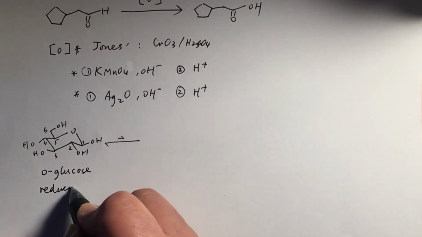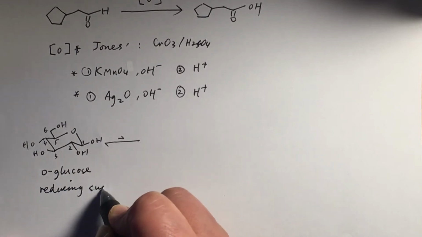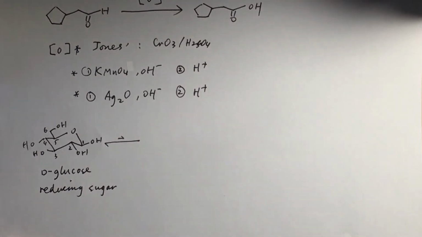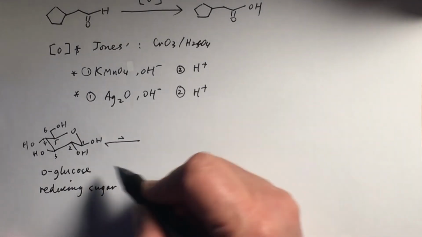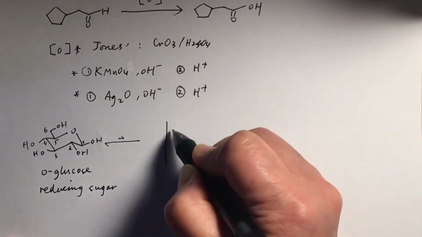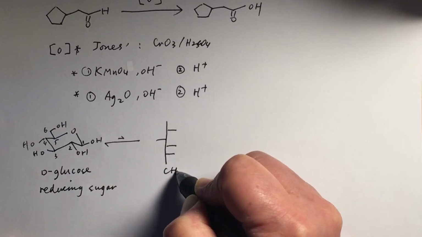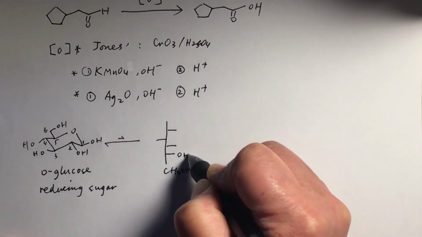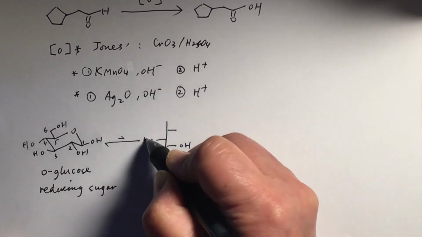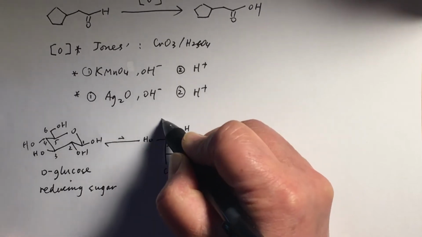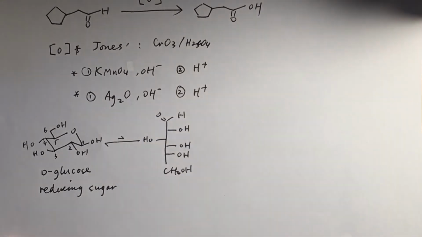The reason it's called a reducing sugar is because it's a reducing agent, or it could be oxidized. So for D-glucose, we can write out its acyclic form. Right?